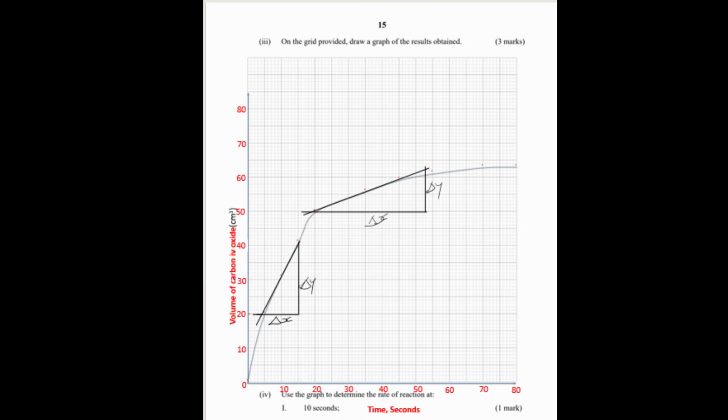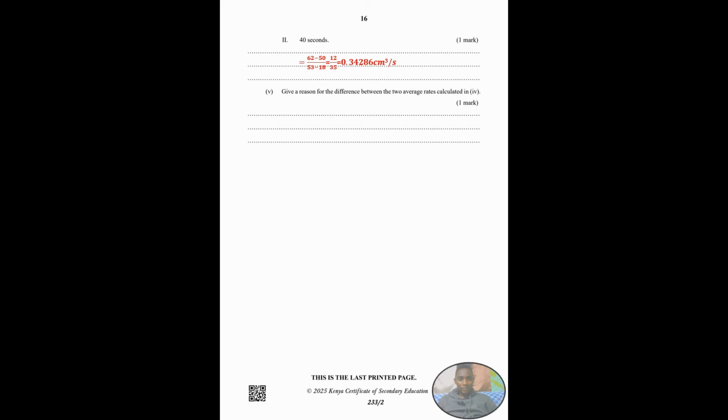In my case, for the change in y, I had 62 minus 50 over 53 minus 18.